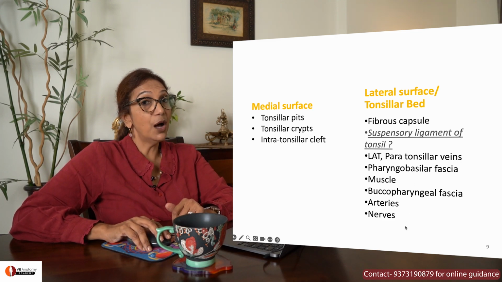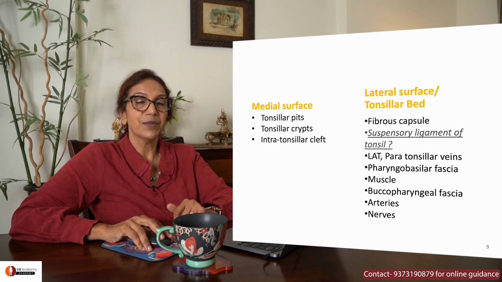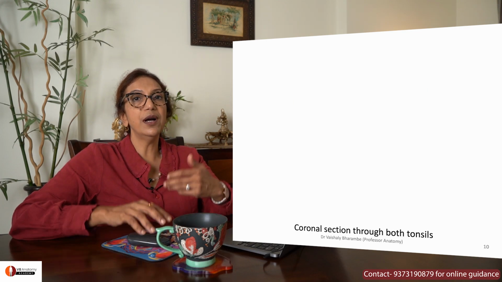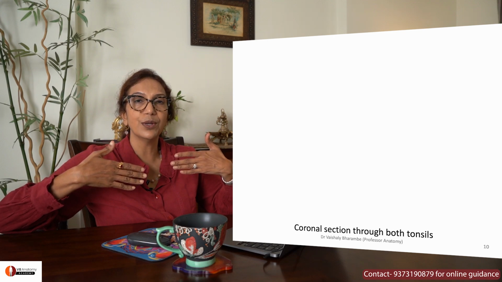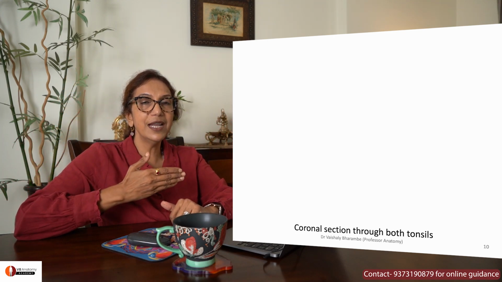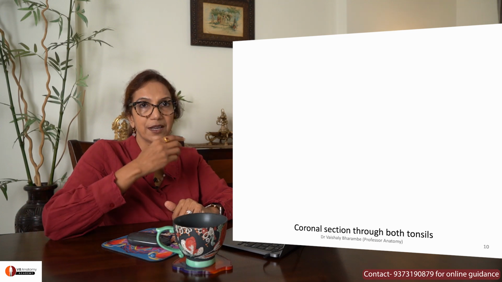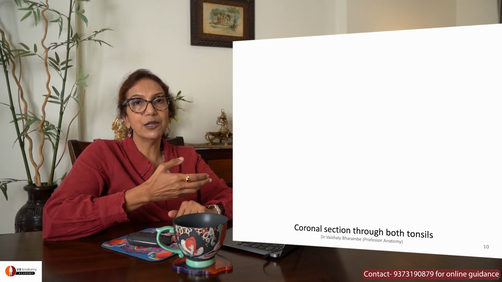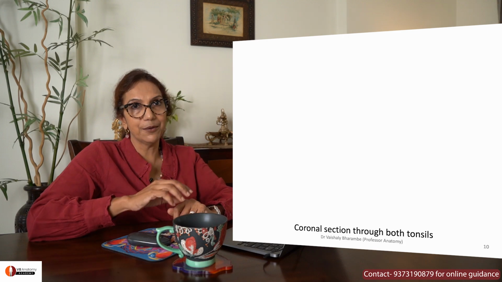How am I going to remember all this? Again, the best way to do this is to draw a coronal section through the tonsil. So just imagine that you're taking a coronal section through the head and neck region, and begin a diagram with me. You'll be surprised at how well you remember the palatine tonsil at the end of this diagram.